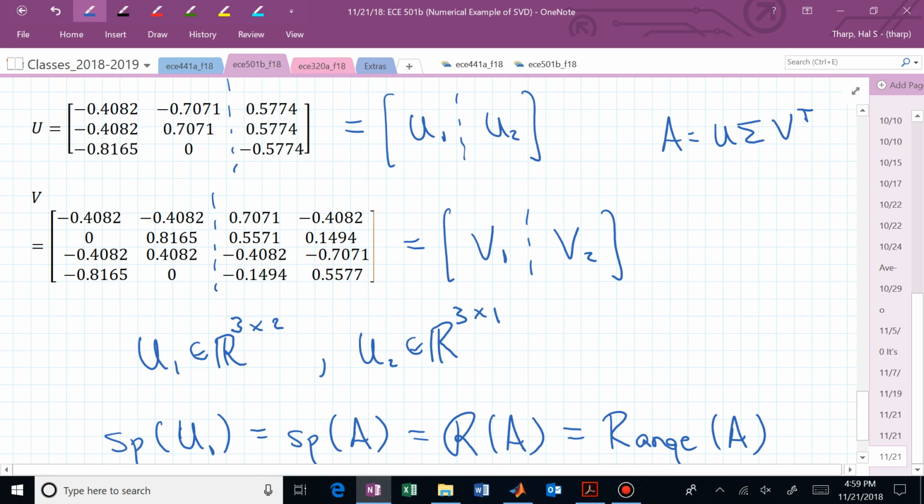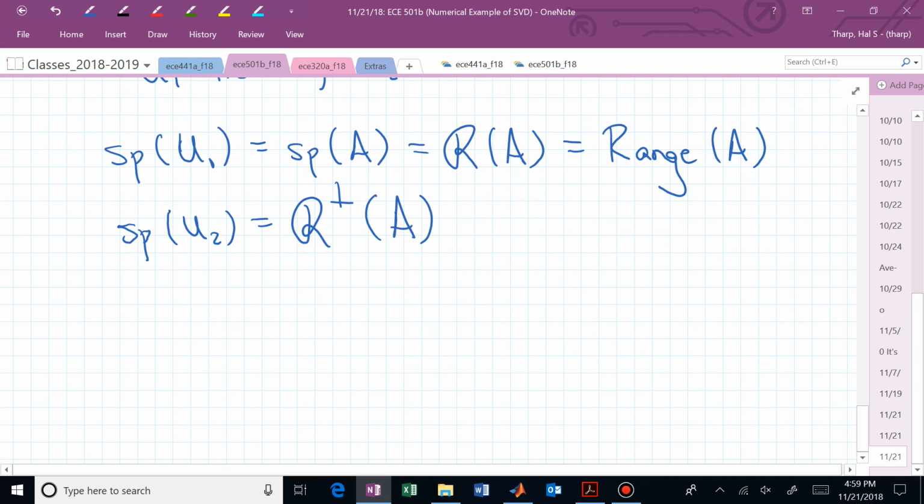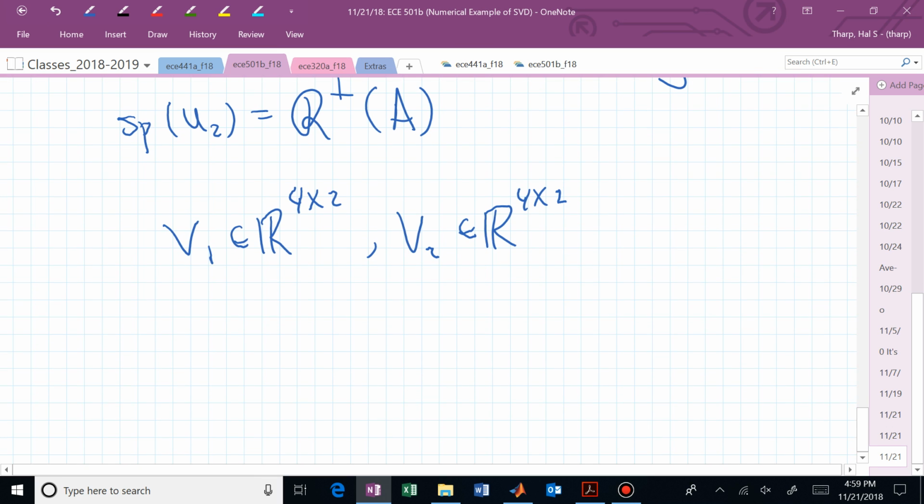And what are the dimensions? We can now say that V1 is 4 by 2 and V sub 2 in this particular example is also 4 by 2. And what are some observations that we can make? Maybe this will help with your understanding of what we're doing in terms of partitioning and making U1, U2, V1, and V2 definitions.